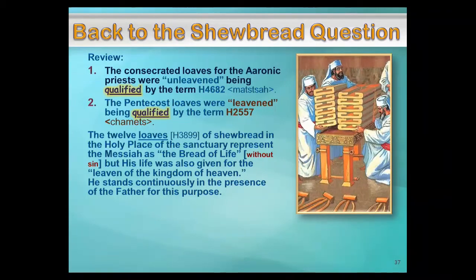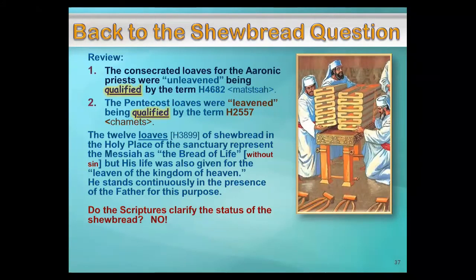The 12 loaves of showbread in the holy place of the sanctuary represent the Messiah as the bread of life. And I'm going to say without sin, because often leaven represents sin. But his life was also given for the leaven of the kingdom of heaven. He stands continuously in the presence of the Father for this purpose.